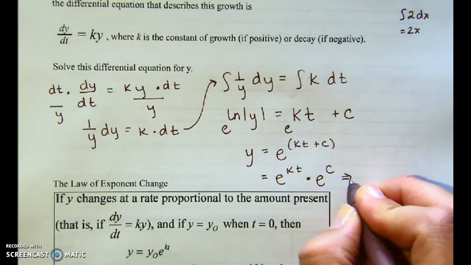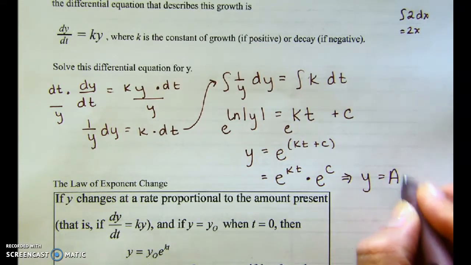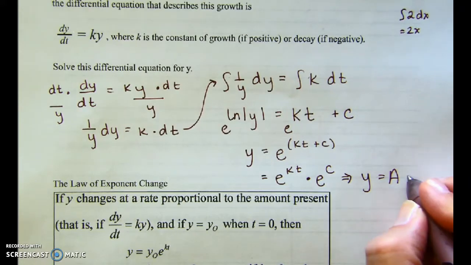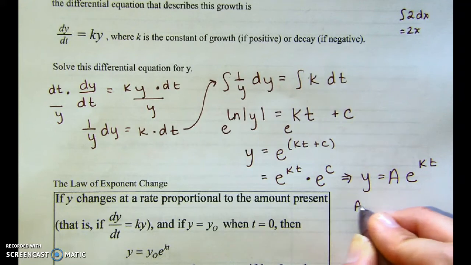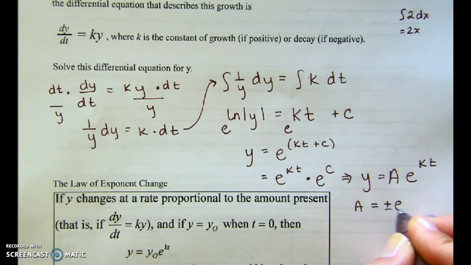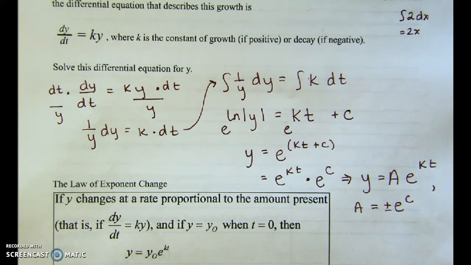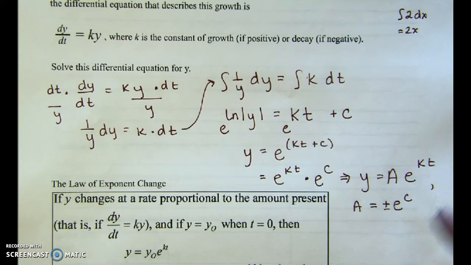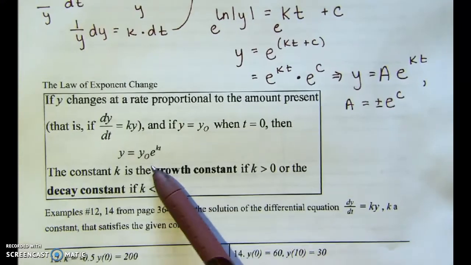It's silly, you guys. They give it a new letter in front: A e to the kt, with A being the plus or minus constant e to the c. I know, it's silly, okay? Now this A in front becomes a y sub 0, because why not? That's lame. It's been a long week, you guys.